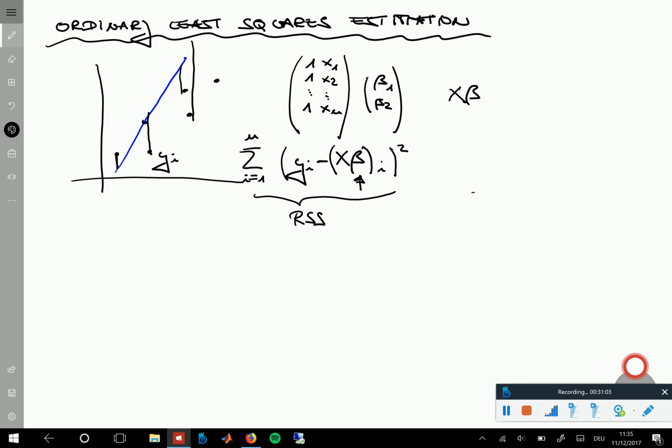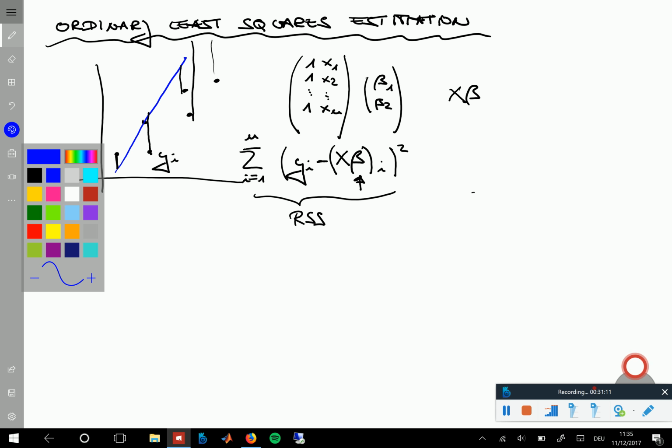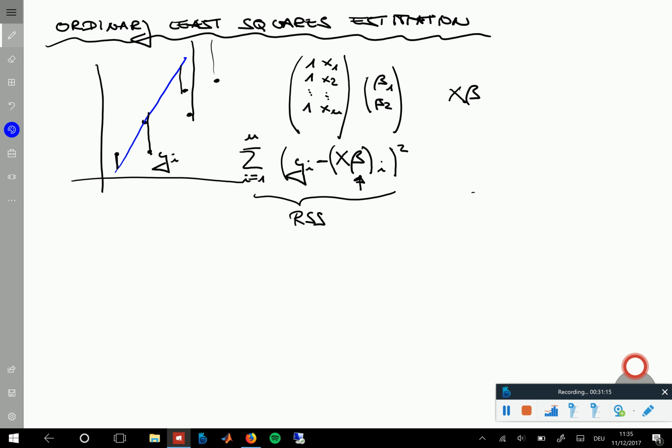Of course, it's really large now for this fit. So you try to fiddle with the beta parameters such that these deviations, which are indicated there as these straight lines, that they become small, so that what you actually want is something like this, so that you have on average for your deviations or summed over them a small error.